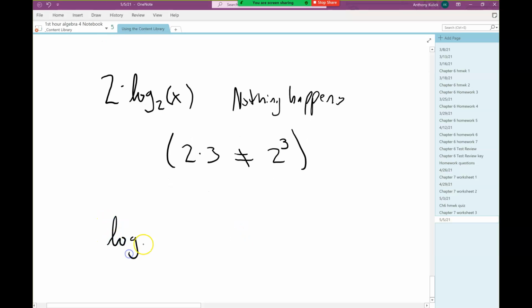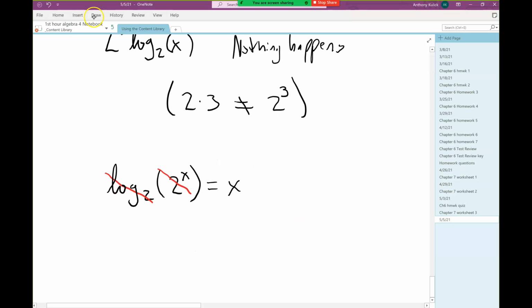And then let's say we had log base 2 of 2 to the x. Here the same thing would happen: the log base 2 would cancel the exponent base 2, so we'd be left with just the stuff in the exponent. I want to point out to you guys that in this case, the parenthesis here is not multiplication.